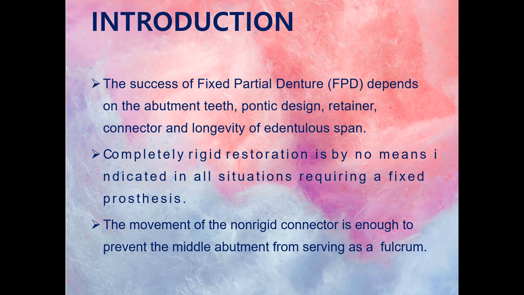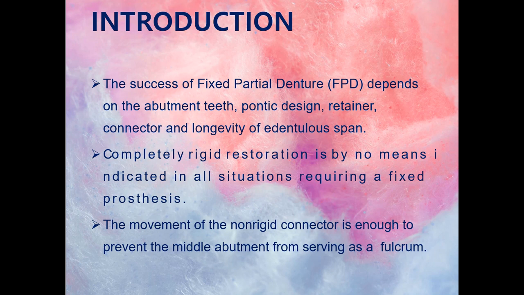Introduction. We know that the success of a fixed partial denture depends on the abutment teeth, the pontic design, retainer, connector, and also longevity of the edentulous span. The preferred method of fabrication of an FPD is usually with a rigid connector. However, a completely rigid restoration is by no means indicated in all situations requiring a fixed prosthesis.